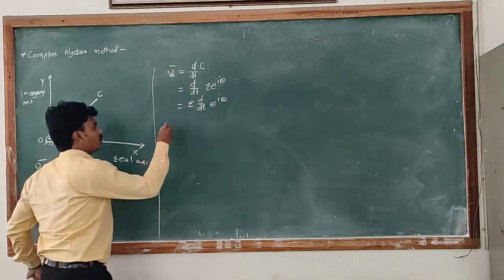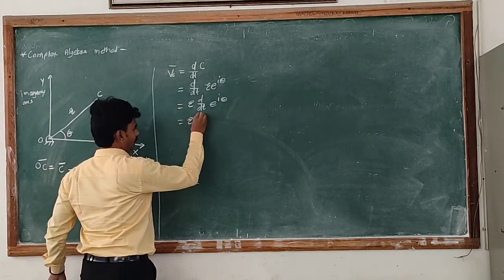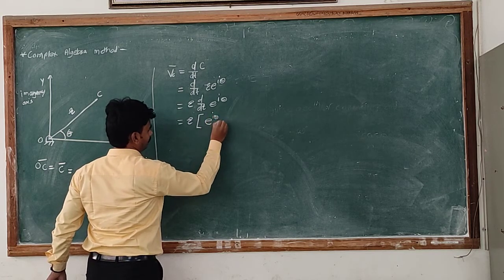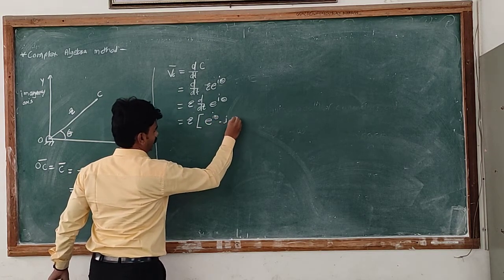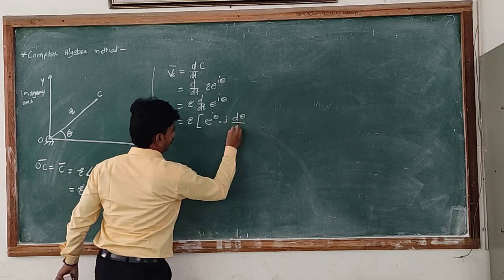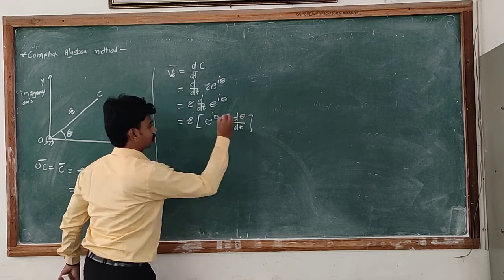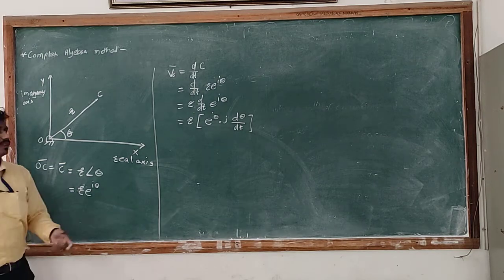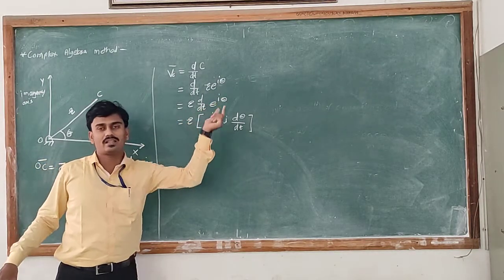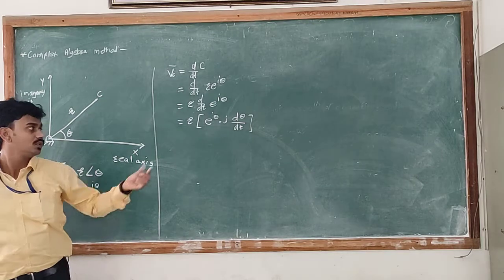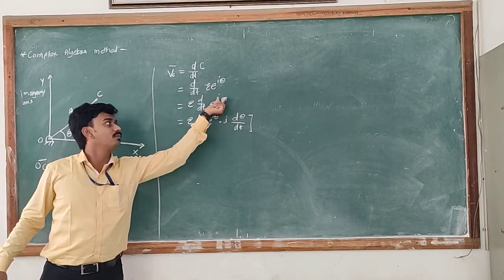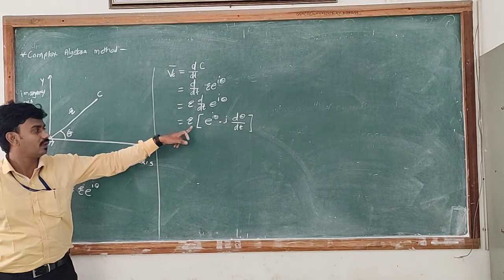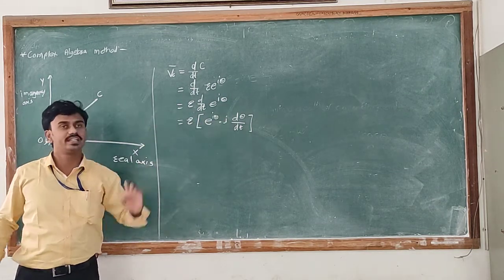If you take the derivative of this, we get R into e raised to I theta into I into d theta by dt, because the derivative of e raised to I theta is e raised to I theta times the derivative of its exponent.